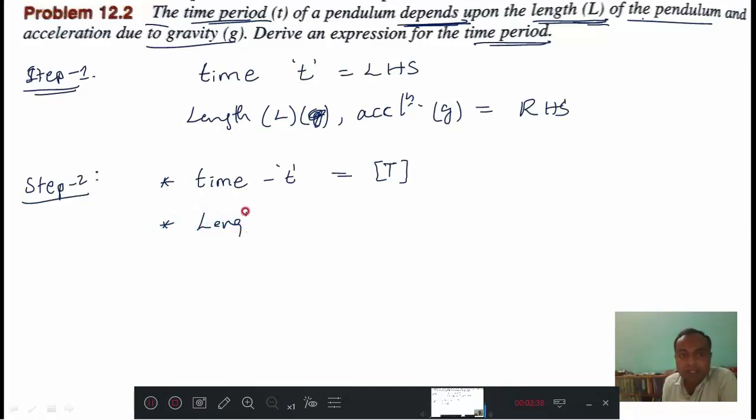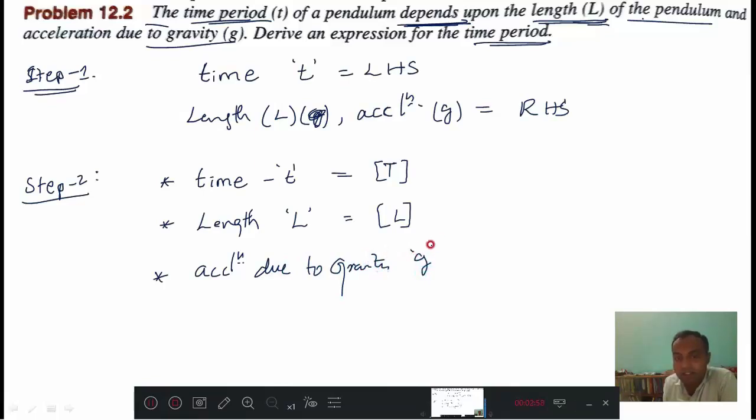We'll call it L, and the dimension for this length is capital L. And the third one is acceleration due to gravity, with the symbol g. Gravity acceleration means meter per second square. Meter means length, and second means time, therefore LT raised to minus 2. This is the dimension. Okay, second step is over.